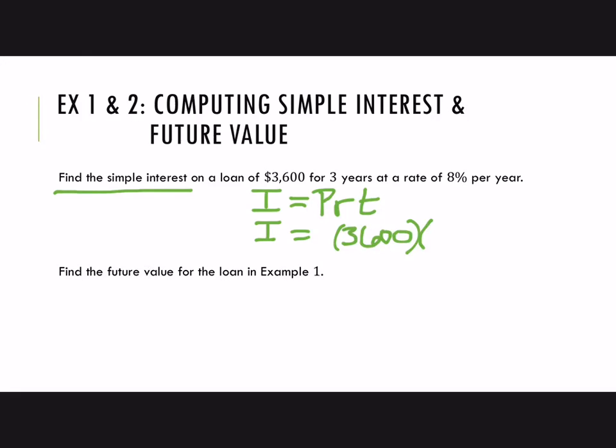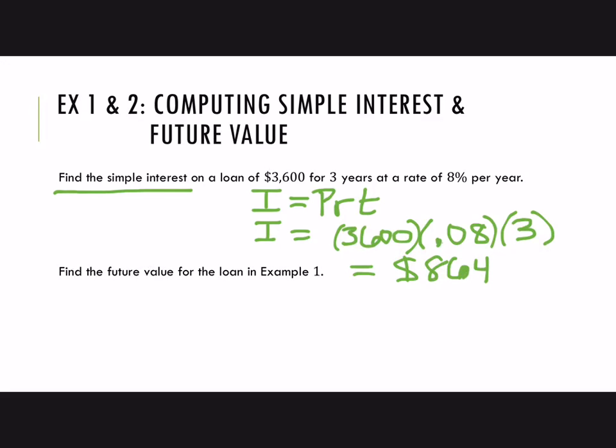So instead of 8%, I'll write 0.08. Okay, and then the time, 3 years. Alright, so then we need to make that calculation, and you'd pull out your calculator at this point. Okay, and that's $864 in interest.